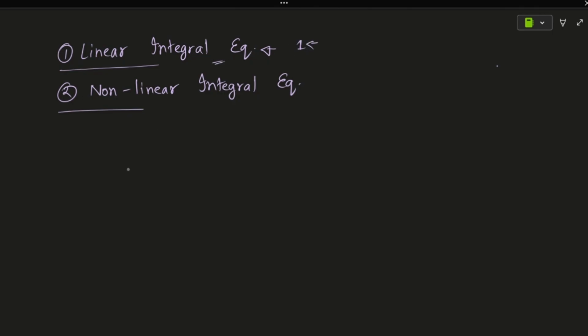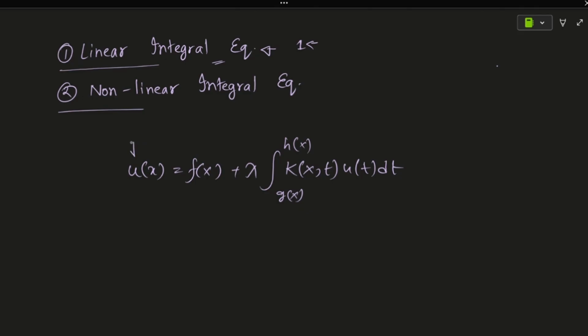Like if we write u of x equals f of x plus lambda, and then the rest of the thing, as we see, the power of the function is 1, even inside the integral. So if it is 1, then this is known to be a linear integral equation.